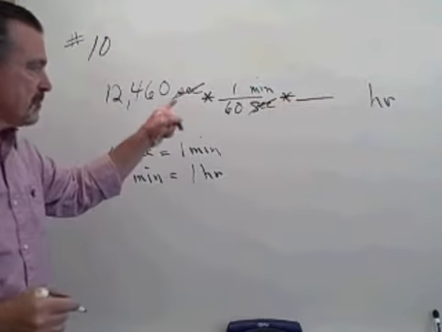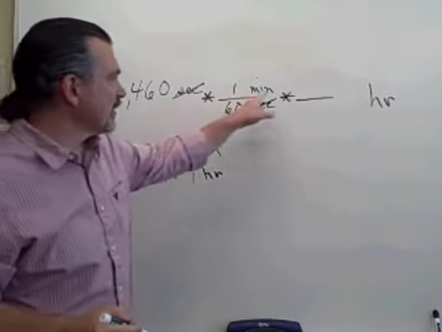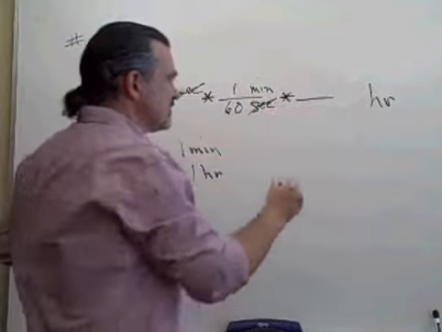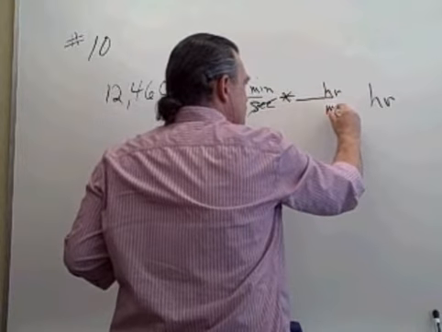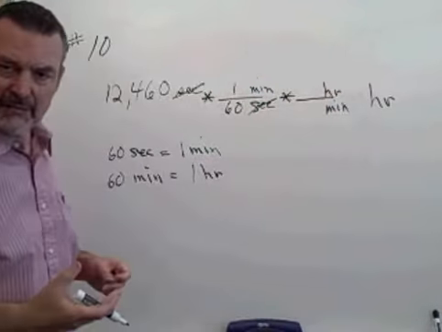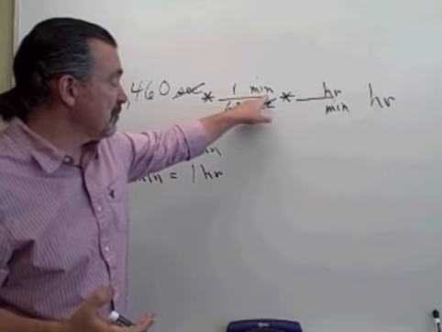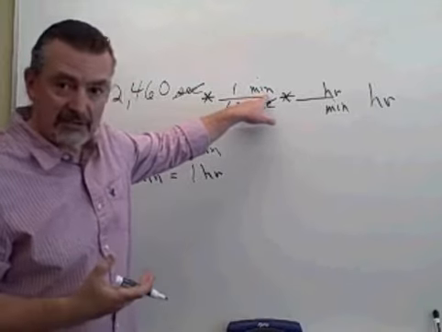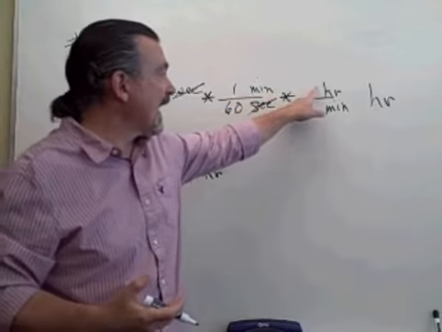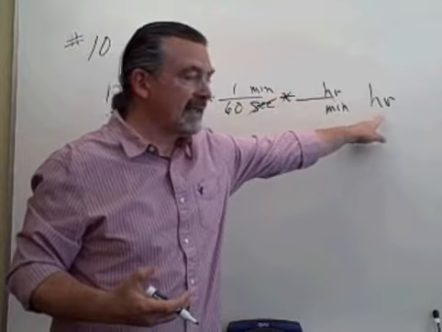Now let's convert those minutes into hours. So I want the hours to remain and the minutes to cancel. So minutes would have to be in the denominator in order to cancel the minutes here in the numerator. And hours would need to be in the numerator, so I end up with hours.